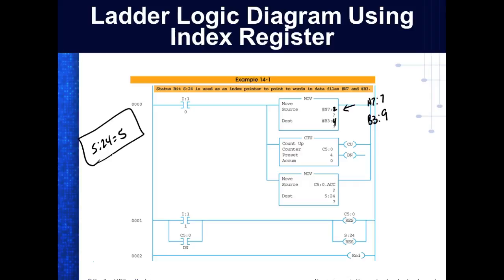Then we establish what storage data files we want to access. So we're addressing an address within the N7 data files, and we're also addressing a location within the D3 data files.